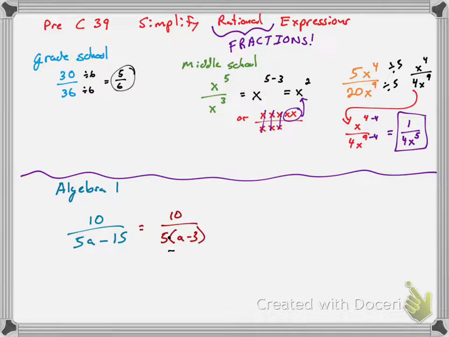I put a little black dot right there, because the 5 is multiplied by the a minus 3. Whatever is held together with multiplication, we can reduce. If it's held together with addition or subtraction, we cannot reduce that. But if it's held together with multiplication, we can reduce it. So the 5 and the 10 will both divide by 5, and we get our answer, 2 over a minus 3.